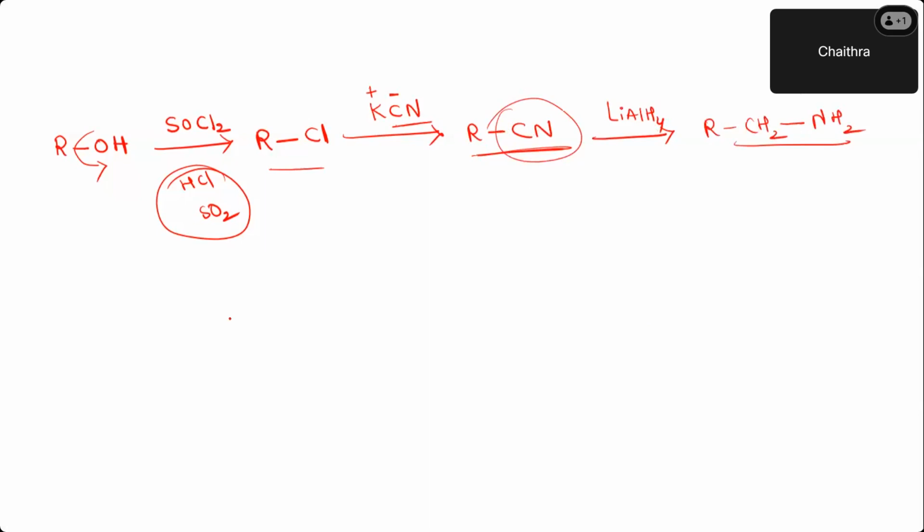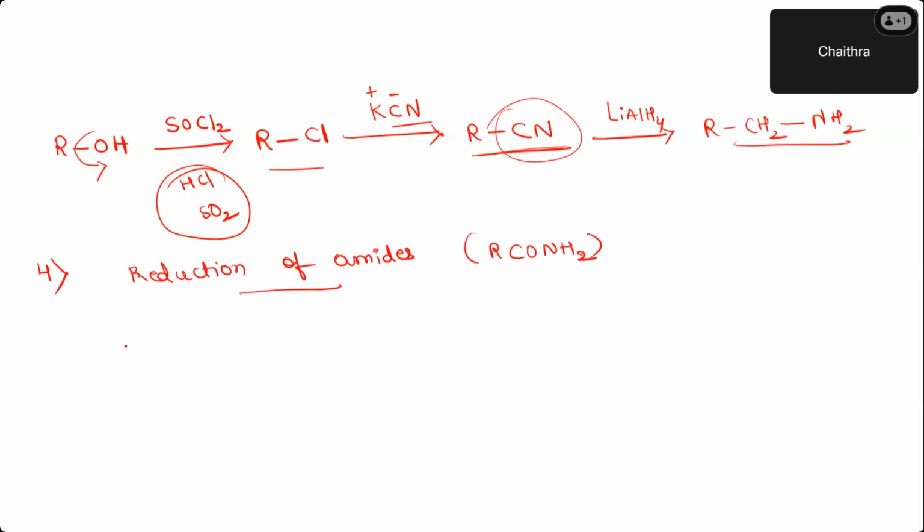Okay. Let me go over the next method of preparation of amines. I'll take reduction of amides. Reduction of amides. What are amides? What is the general formula of amides? RCONH2. This is the formula for amide, right?